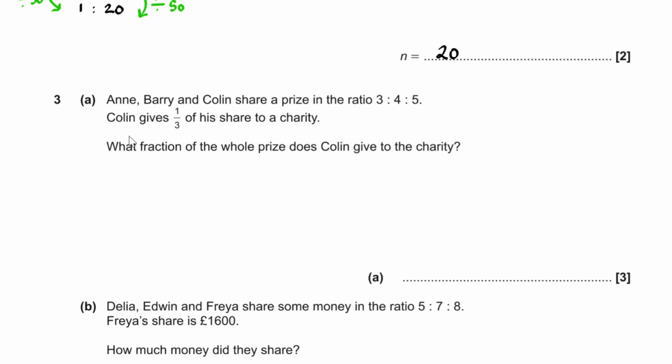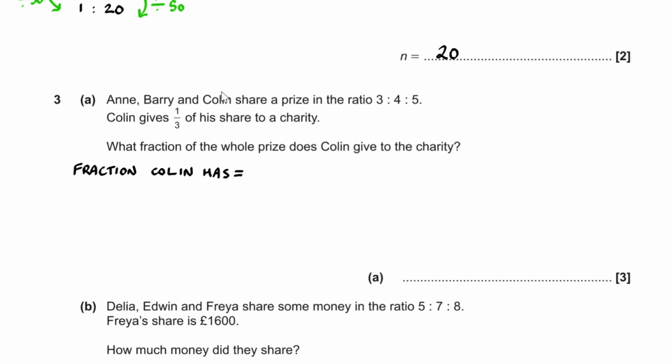Question number 3. Anne, Barry and Colin share a prize in the ratio 3 to 4 to 5. Colin gives 1/3 of his share to charity. What fraction of the whole prize does Colin give to charity? Well, first of all, over here, you can see the fraction Colin has.